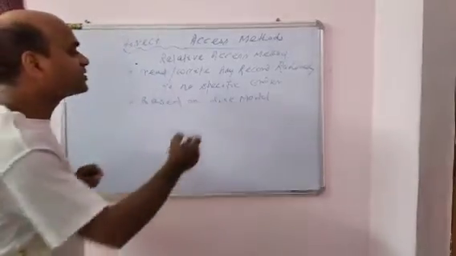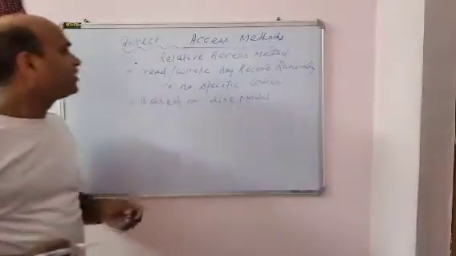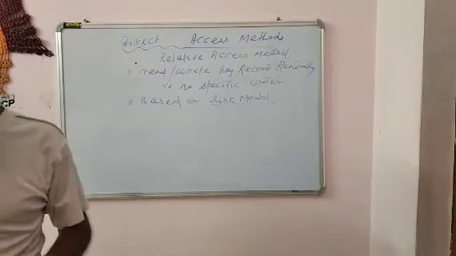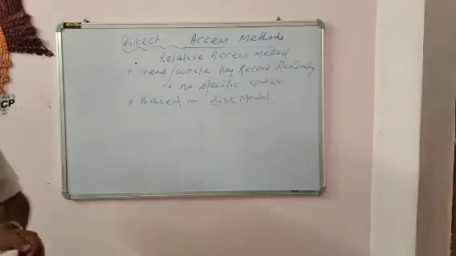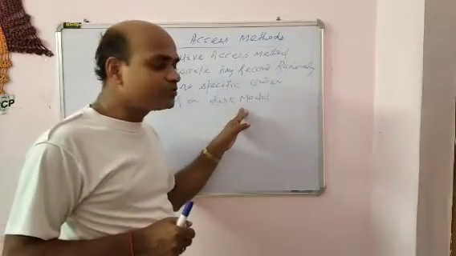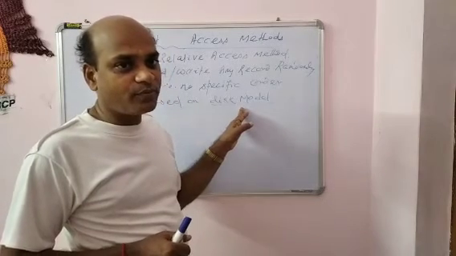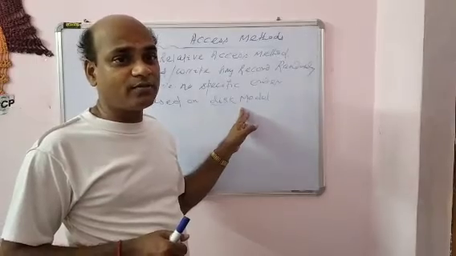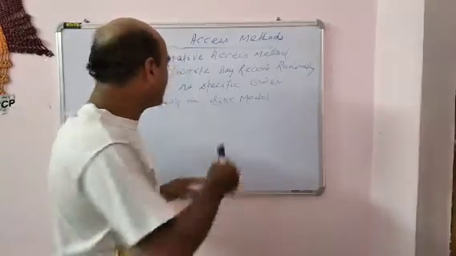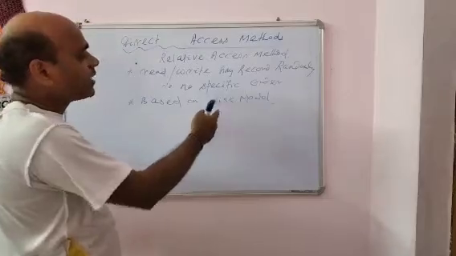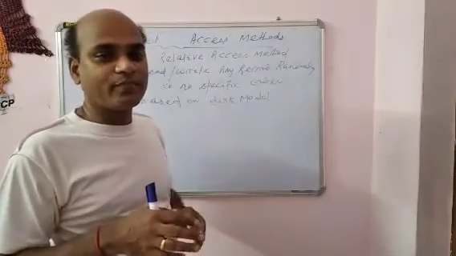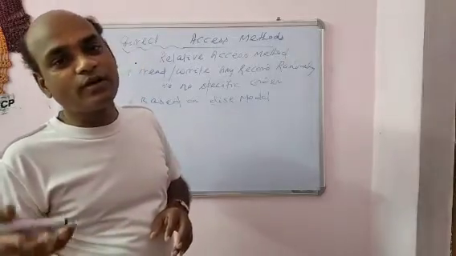Since disk allows random access to any file block, normally in the disk model we are using hard disk, magnetic disk. This is not the magnetic tape. This is magnetic disk. In magnetic disk we are accessing information directly.